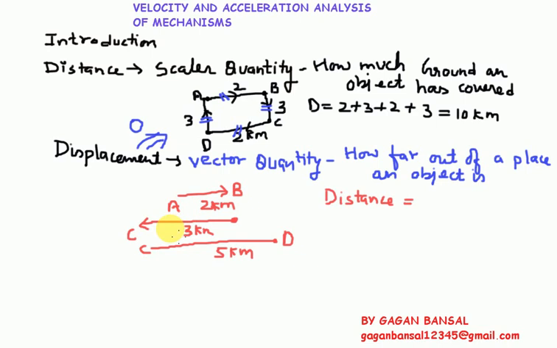To make it clear, I have drawn 3 different lines, but this is from A to B, then back from B to C, and then from C again to D. So total distance is 5 plus 3 plus 2, that is 10 kilometers.